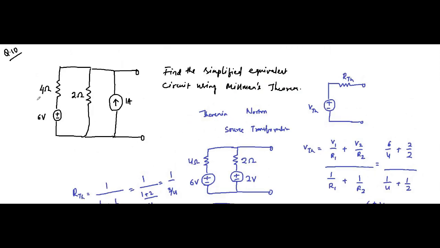Here also you have to use source transformation, but here we have to convert this voltage source into a current source with a resistor connected in parallel.